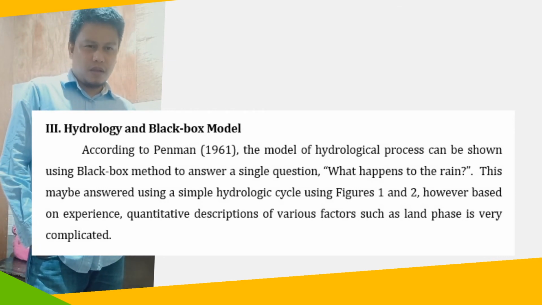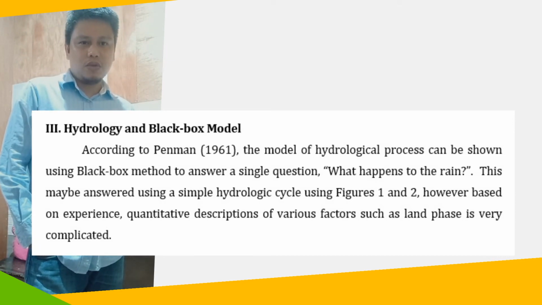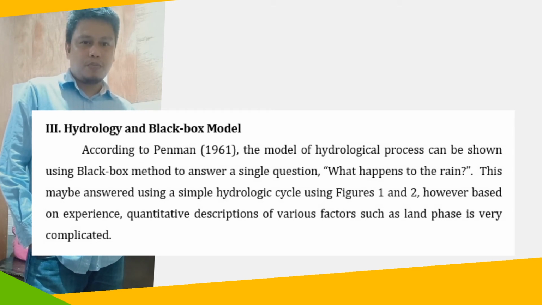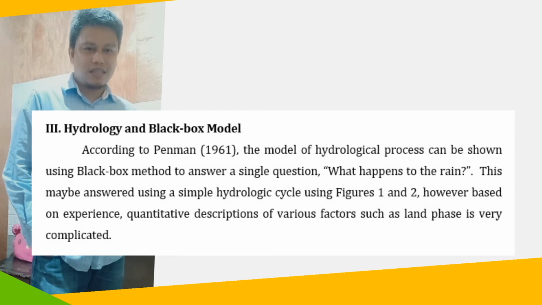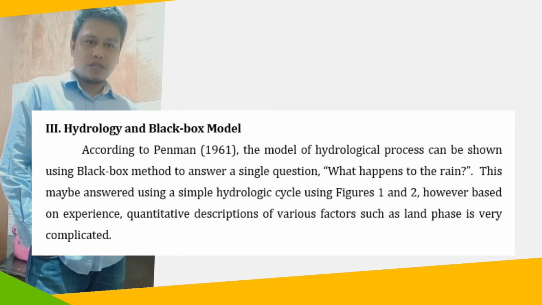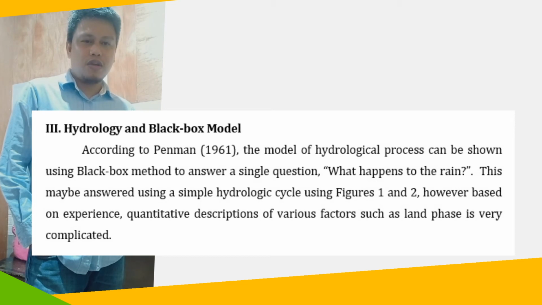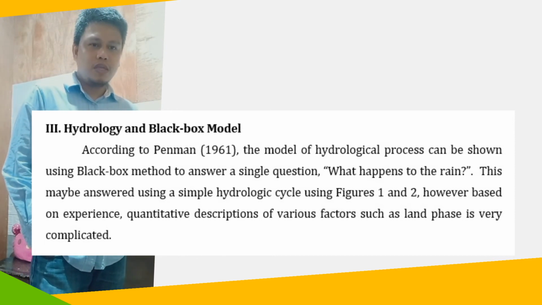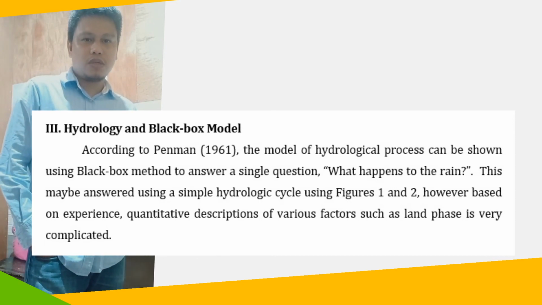The characteristics of such a device usually are developed from observation of inputs and outputs. They don't identify or simulate the processes involved. Usually they are statistically based, such as regression. In hydrology, rainfall is input and runoff or discharge is output. As examples, we can include the rational equation and the unit hydrograph.